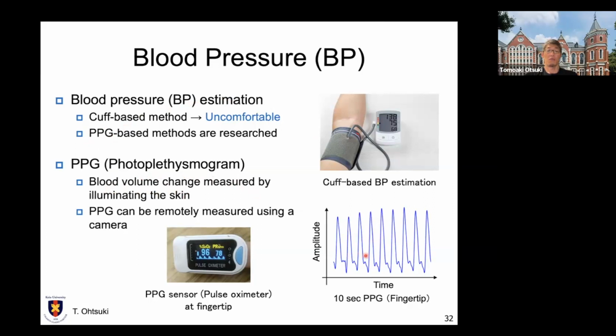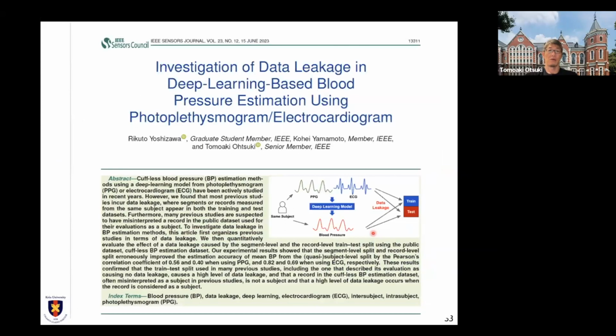Attaching the PPG to the fingertip, we can get this kind of waveform. From this, some other researchers also try to estimate the blood pressure. So this is one of our papers to estimate the blood pressure, like the title mentioned, using PPG or ECG.